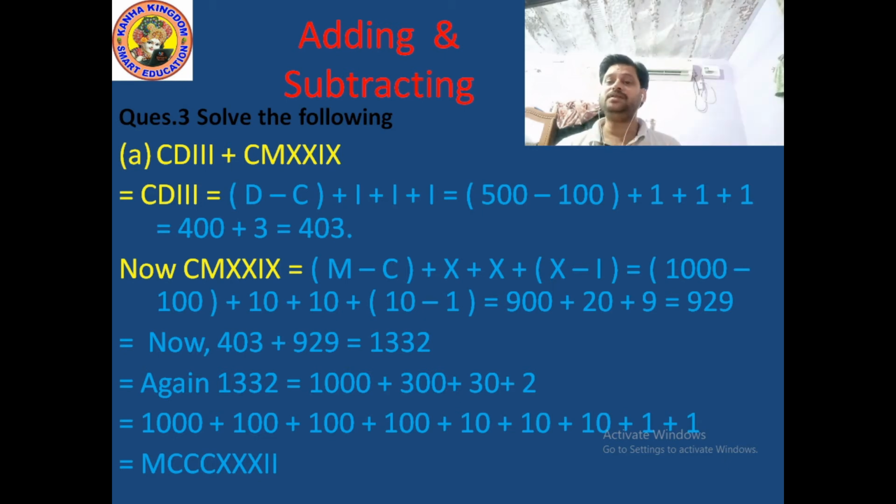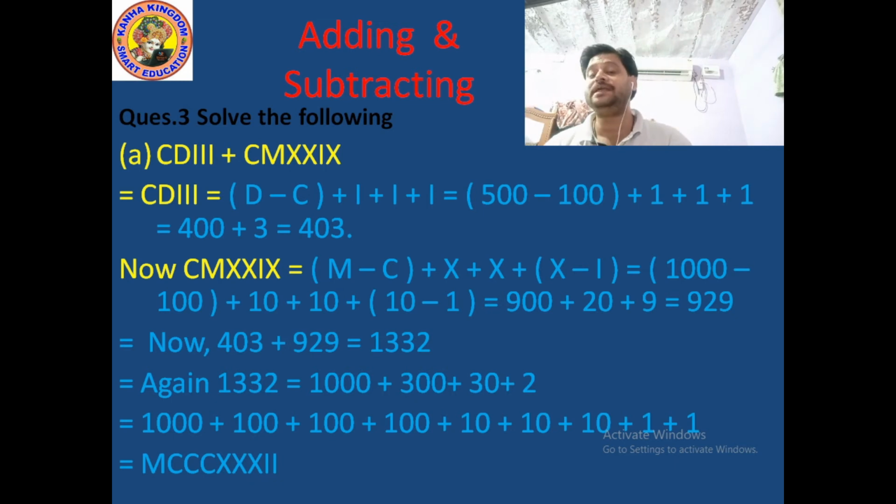Now see how you write this number, 1332, in Roman numerals. First is 1000, so write 1000 plus then 300, 300 plus then 30, then 2. How can we write 300? 100 plus 100 plus 100.